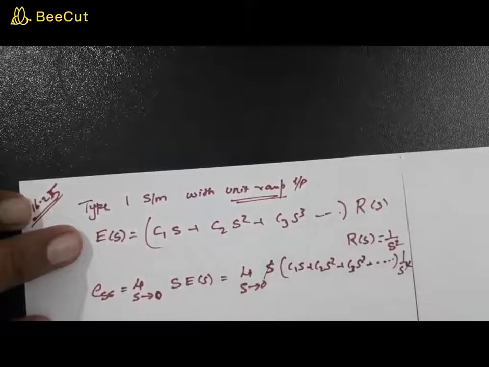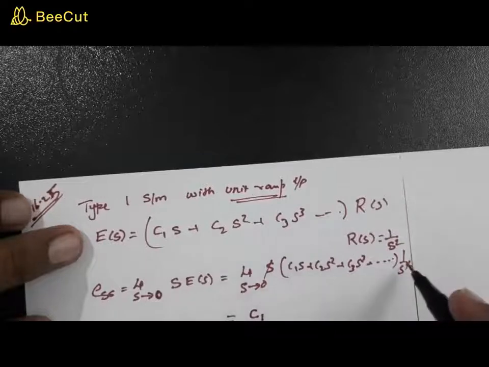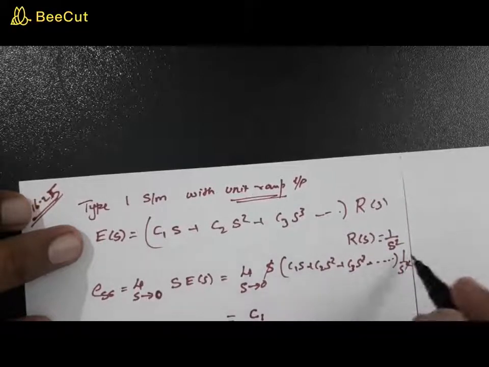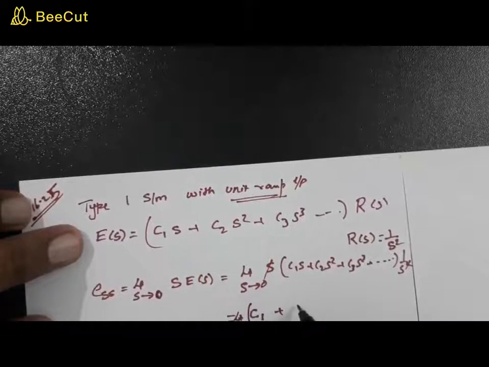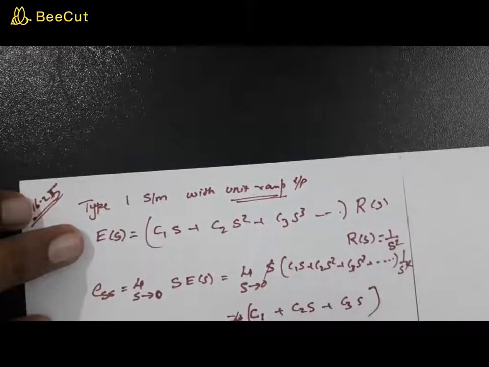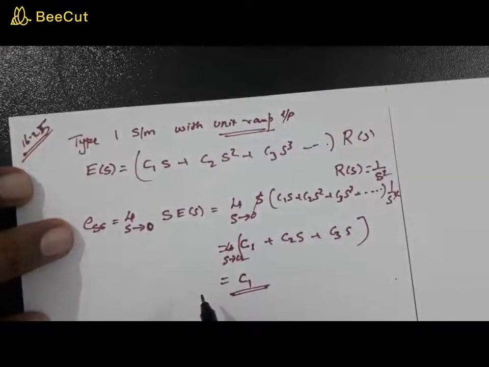The s cancels. Now you can write this like c1 by s, that will be 1 by s. Now when you multiply, you will get limit s tends to 0 of c1 plus c2s plus c3s square, right? And when you apply the limit, you will get c1, right? So your steady state error becomes equal to c1.